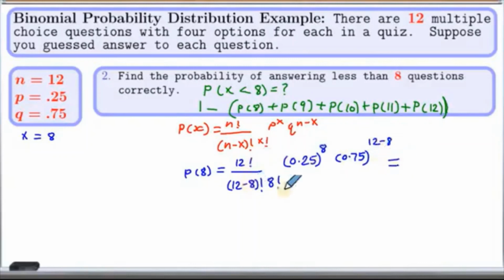So now you can put all these numbers into your calculator. On doing that, I get 0.00238.